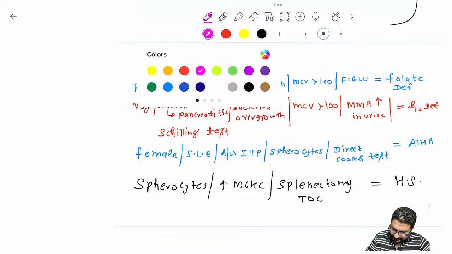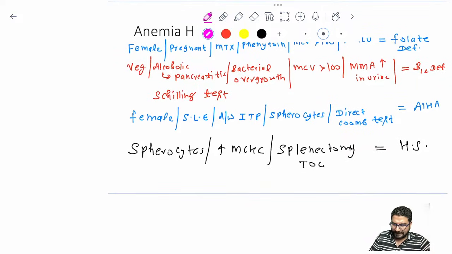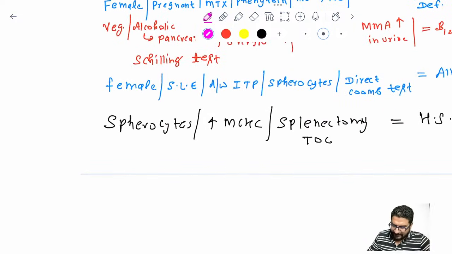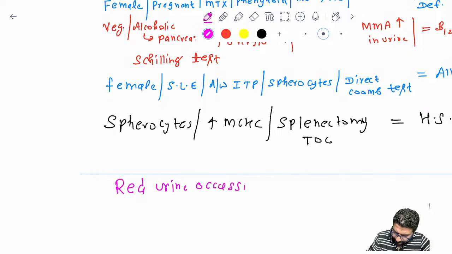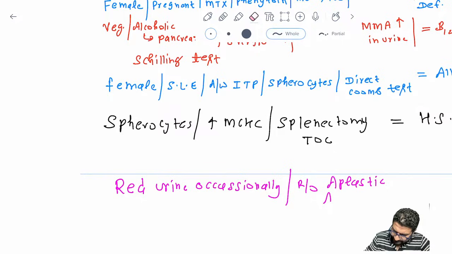Okay, moving to next, what they ask you in exam. They can give you a patient having red urine occasionally. Then there is risk of aplastic anemia, or basically I will call this risk of pancytopenia.